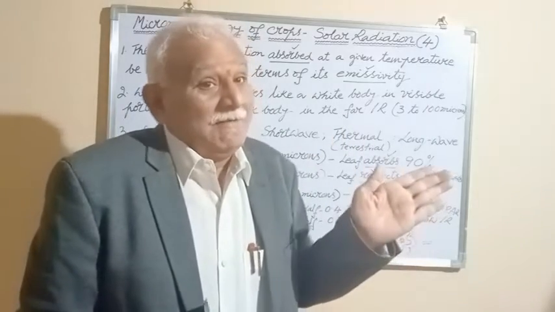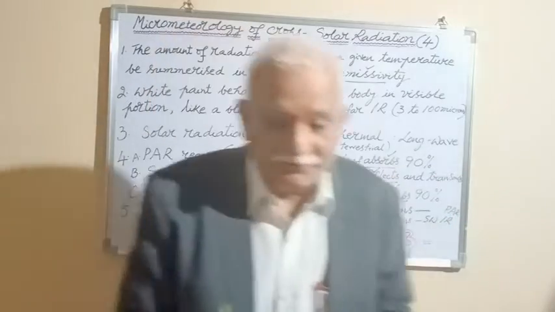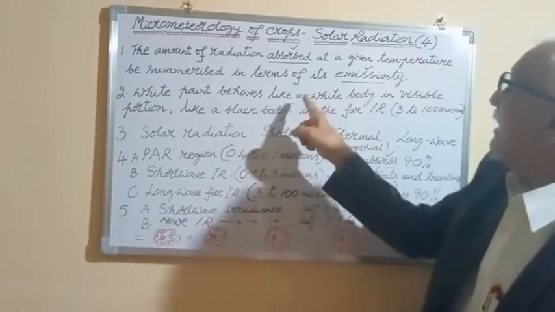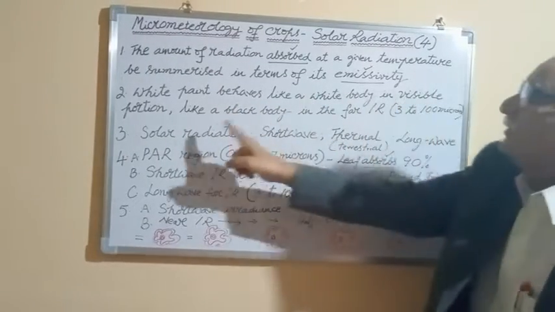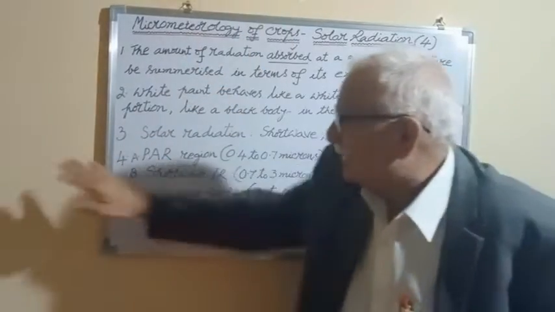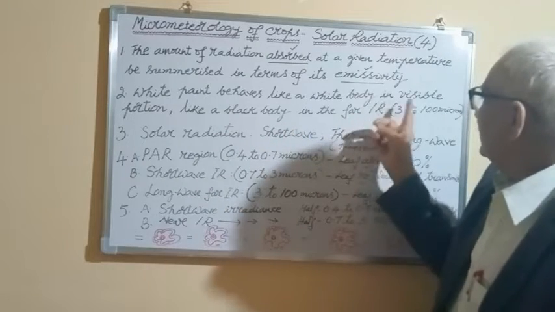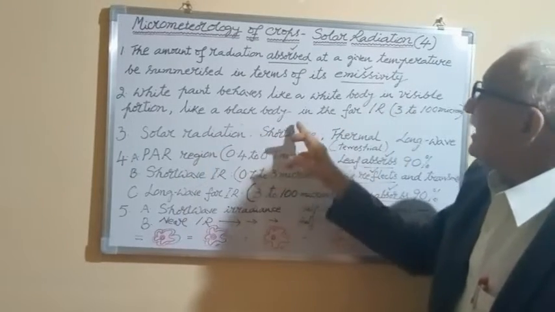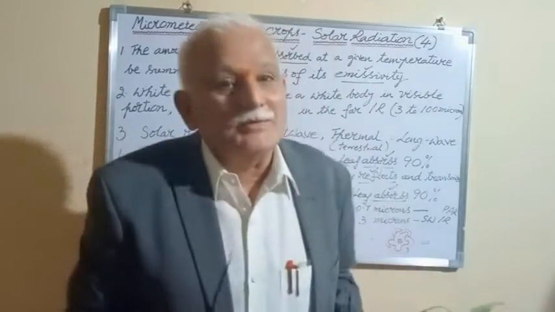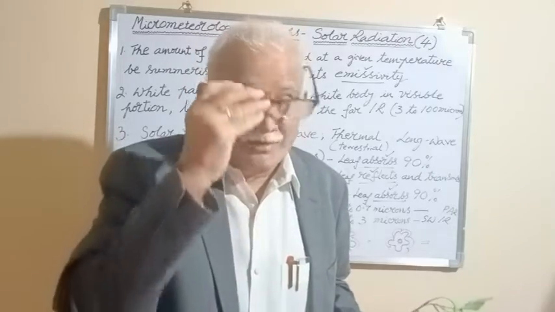Now in the far infrared, that's what I will first read; you also please write down. White paint behaves like a white body in the visible portion. White paint, for example this wall, if you put it on, behaves like a white body in the visible part, like a black body in the far infrared, not near infrared. Far infrared means 3 to 100 microns.